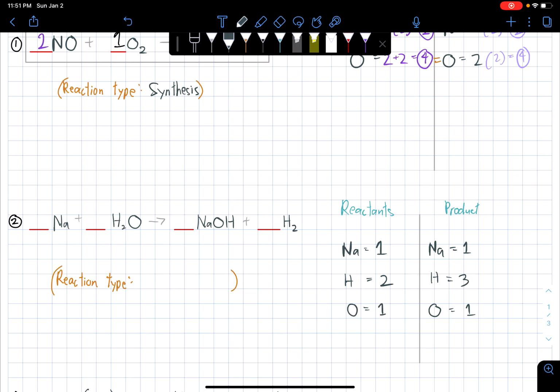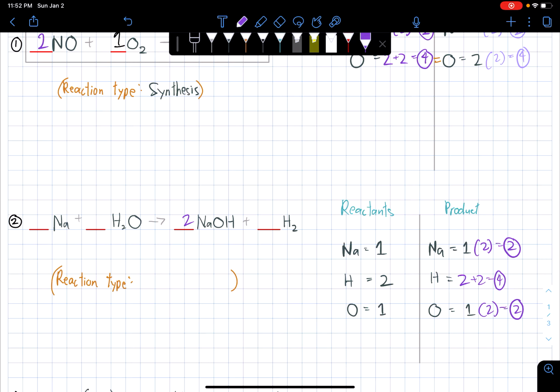So here, at this part, let's add 2. So in that case, sodium times 2, we get 2 sodiums. For oxygen, multiply it with 2 also. For hydrogen, it has its new quantity at the product side. It's 2. Then we add this, so we get 4.